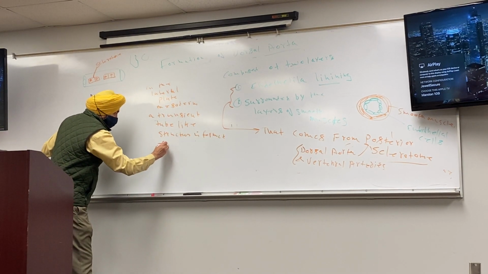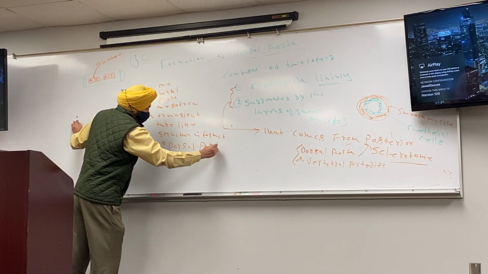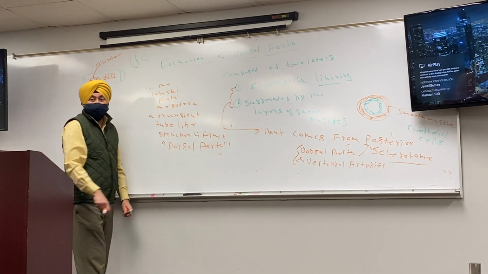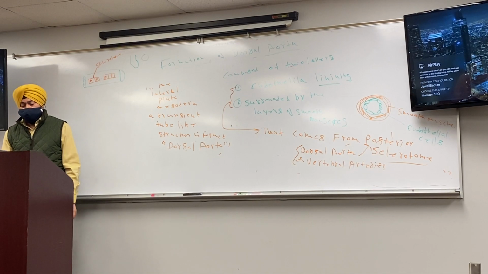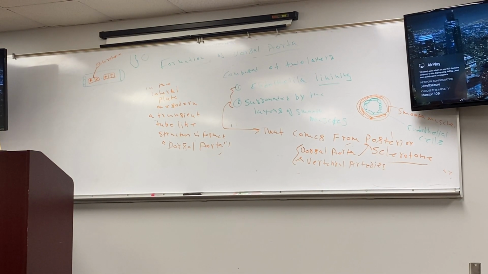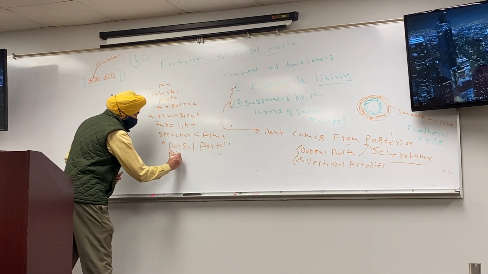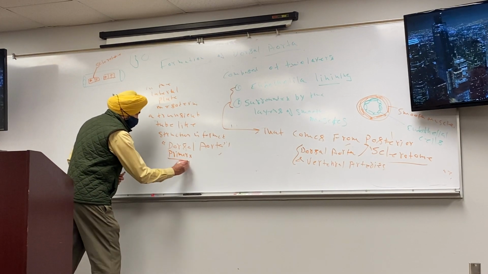That structure forms the dorsal aorta, and this is interesting, I'll explain what is happening here. A tube-like structure is formed. We call it the dorsal aorta, but that is not the real dorsal aorta, so we actually call it the primary dorsal aorta.